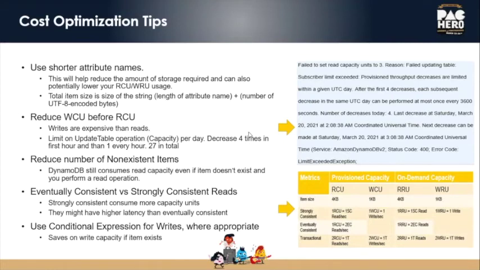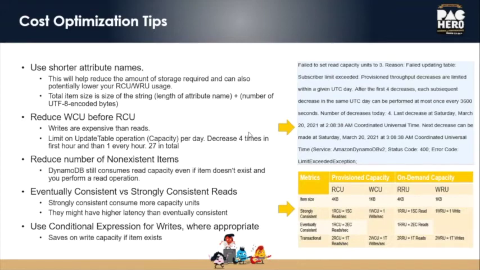And there is a limit on how many updates you can do in a day. So in 24 hours, in the first hour, you can update the table 4 times. After that, each hour you can only make 1 update to your table. So in total, you have 27 updates on a table.